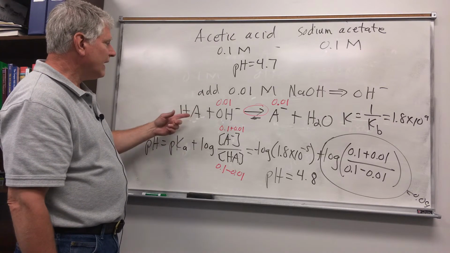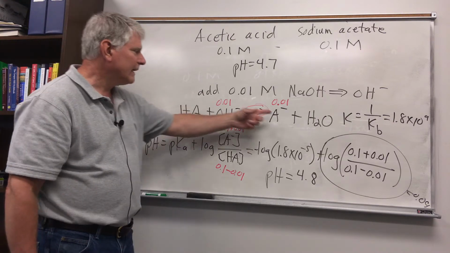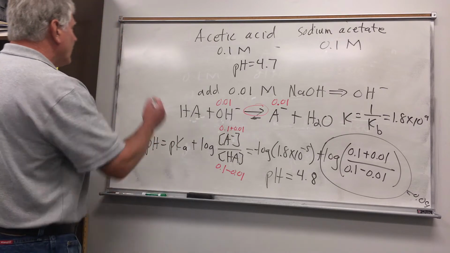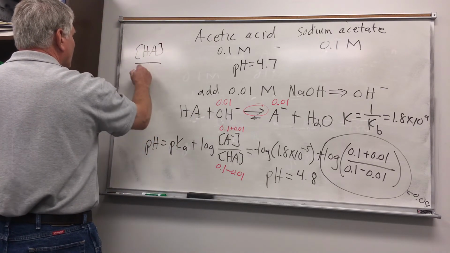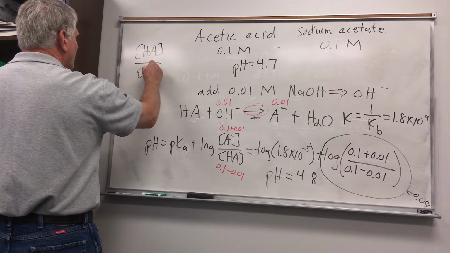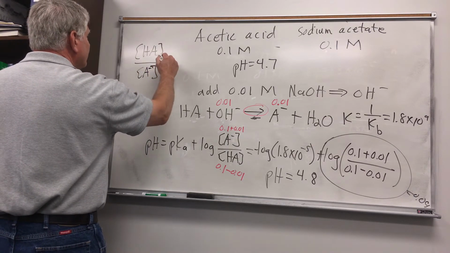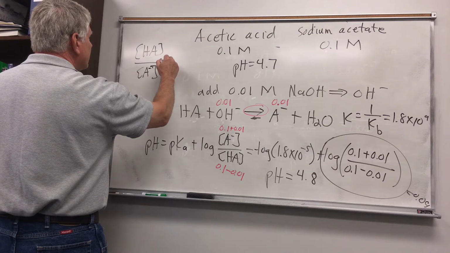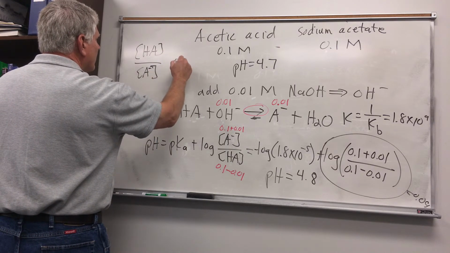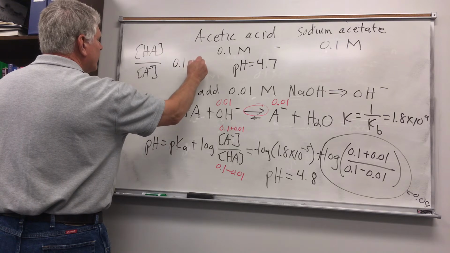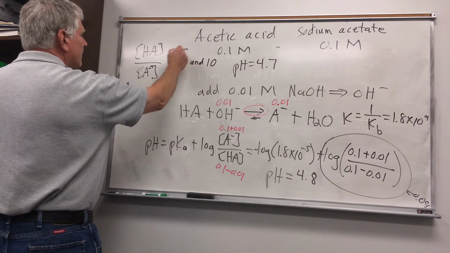And since I have to have both a mixture of HA and A minus, this ratio has to be between, say, 0.1 and 10.